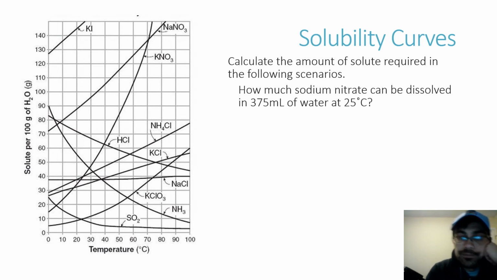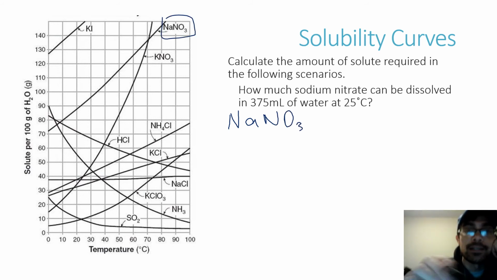Last question, same idea: how much sodium nitrate can be dissolved in 375 milliliters of water at 25 degrees Celsius, which is pretty close to room temperature? First thing, sodium nitrate, NaNO3. We're looking at this one here. On the axis, here's 25 approximately right there.